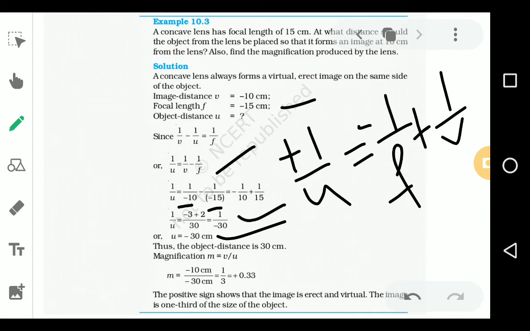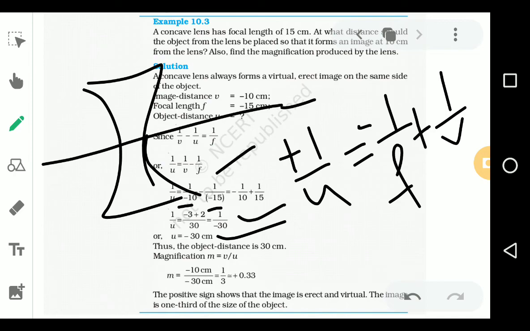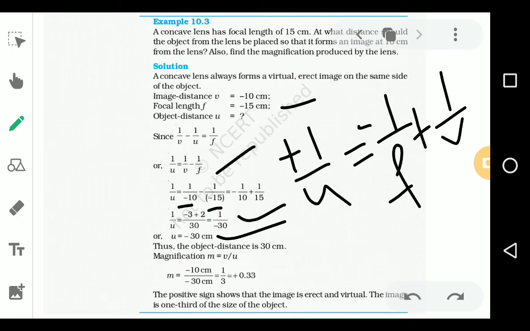Minus 30 centimeter means the object will be placed 30 centimeter behind the optical center, on this side, because you are getting the value with a negative sign. So the object distance is 30 centimeter.